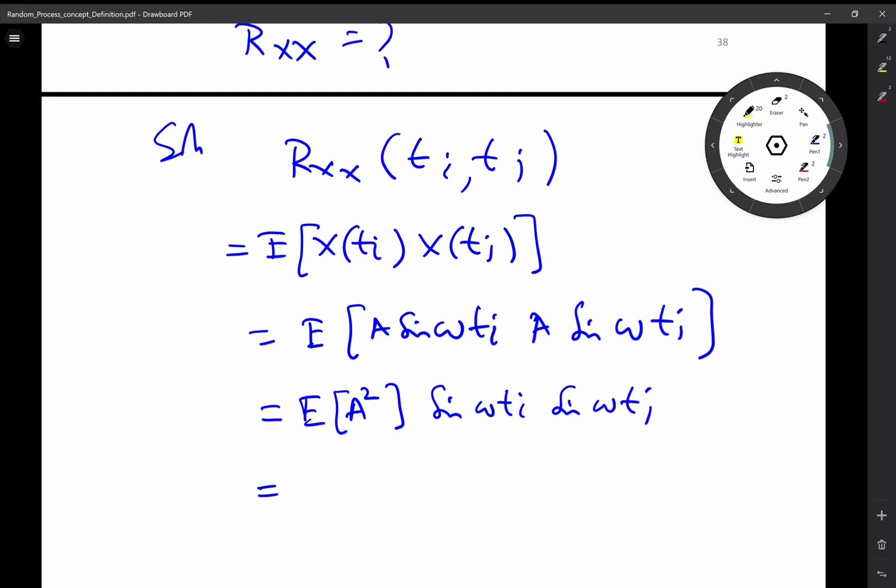So this is a uniform distribution between 0 and 1, so for A square you have to do the integral of the square.